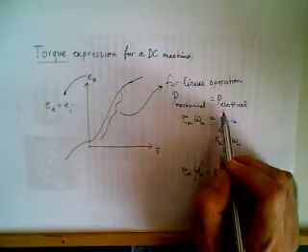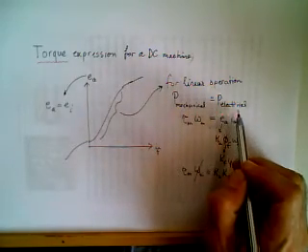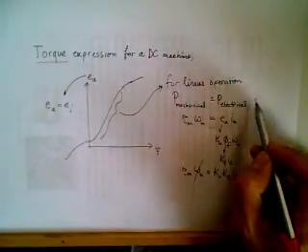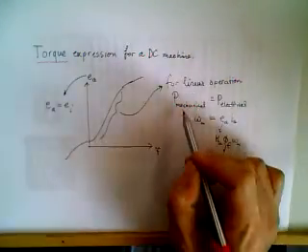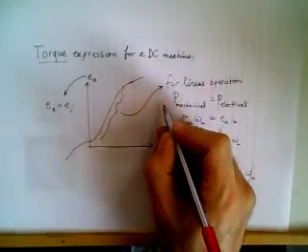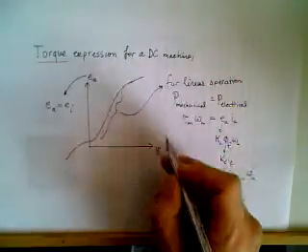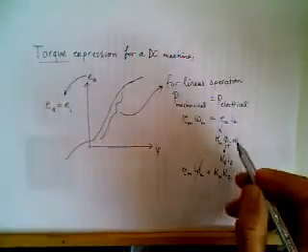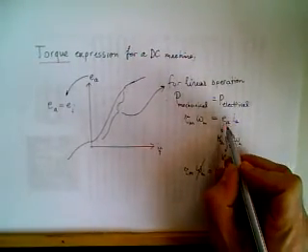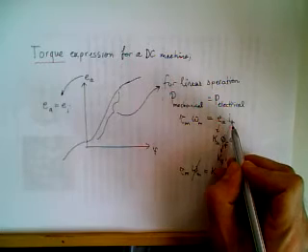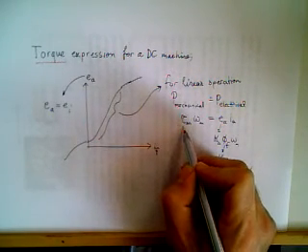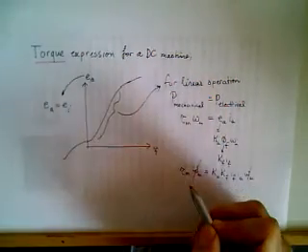So mechanical power equals the electrical power input of this machine. Whatever we give electrically, we obtain as mechanical power output, of course, plus losses. And these losses are neglected for simplicity at this moment. Electrical power input is the armature voltage times armature current. Mechanical power output is mechanical torque times rotational speed.